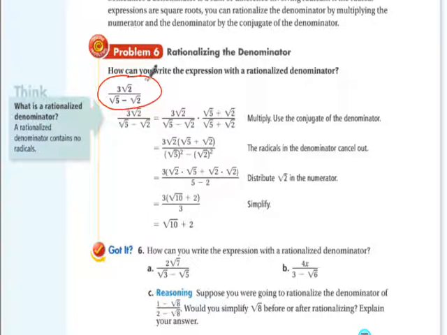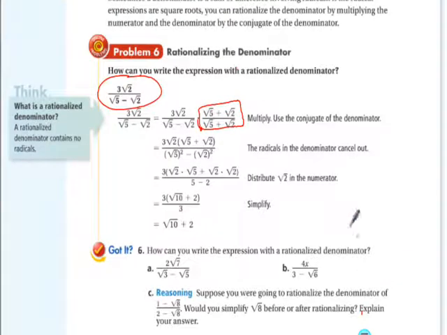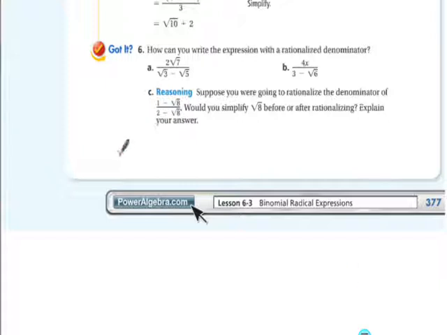So we're going to multiply top and bottom by the conjugate, which is right here. On the top, we just use the distributive property. On the bottom, we use FOIL like we just did, and we end up with the number 3. We can then simplify this, and we end up with square root of 10 plus 2. Okay? Using the conjugate to get the denominator rationalized.